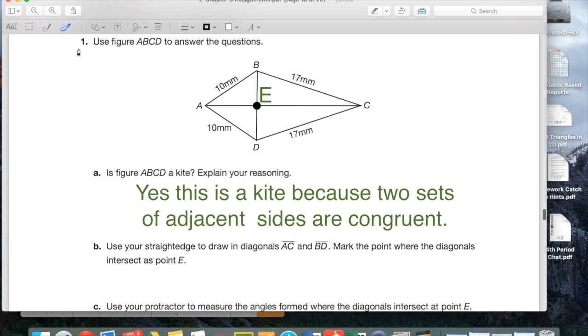So hopefully whenever you do this, you find out that all four of these are 90 degrees all the way around. Okay?